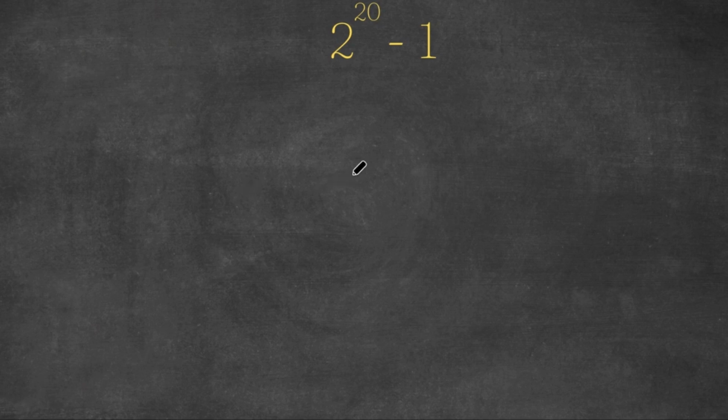In today's video, I'm going to be teaching you guys how to solve this exponential problem without a calculator. So we have 2 to the power of 20 minus 1. Now, 2 to the power of 20 is the same thing as 2 to the power of 10 squared.